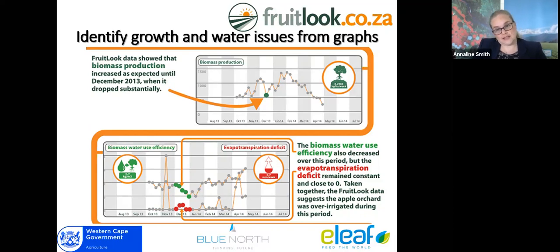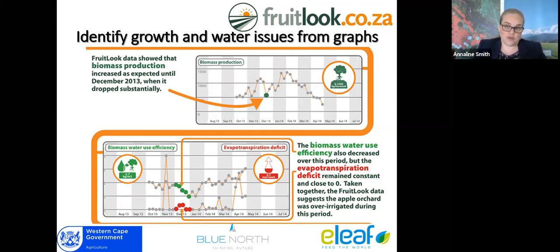Then the next data set that we move on to investigate is the biomass water use efficiency. So when we draw that in, we see that during that period of low growth, there was a decrease in the biomass water use efficiency, which can be an indicator of over irrigation.